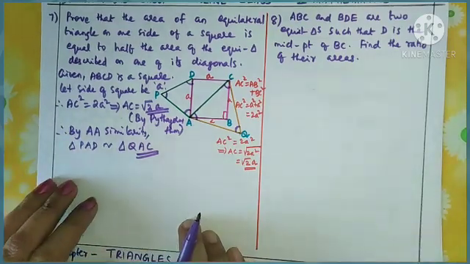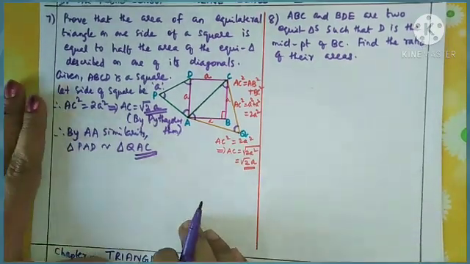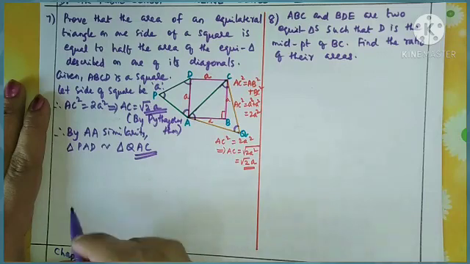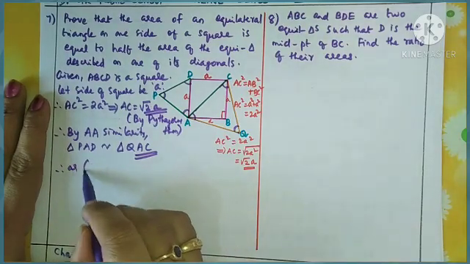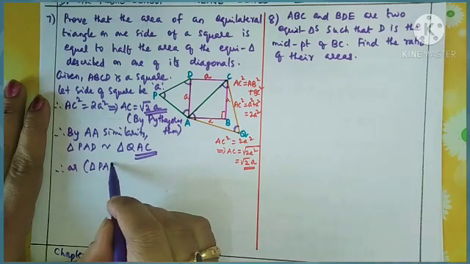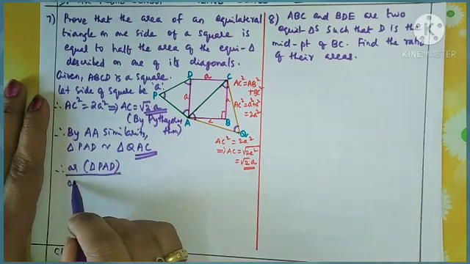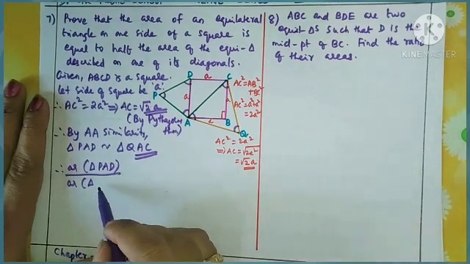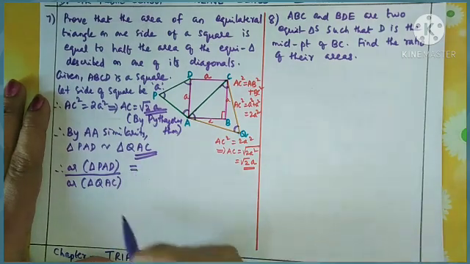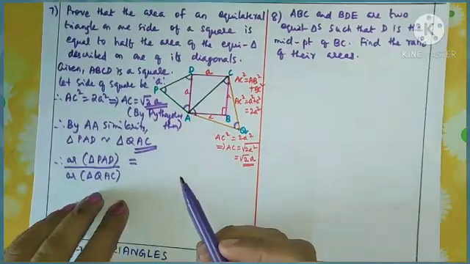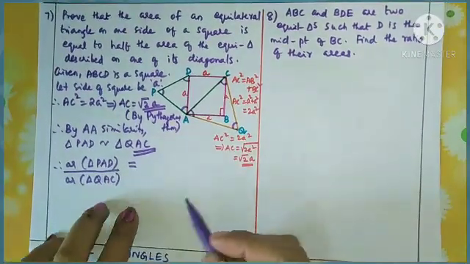Now what do we need to find? The ratio of the areas of these two triangles. So therefore area of triangle PAD by area of triangle QAC is equal to, yes, how can we write? We are going to find the ratio here.